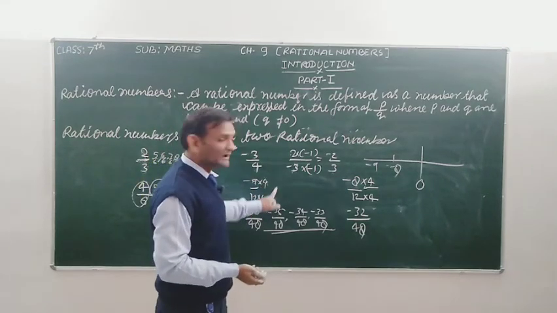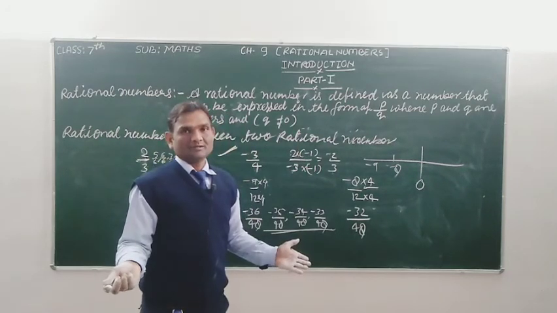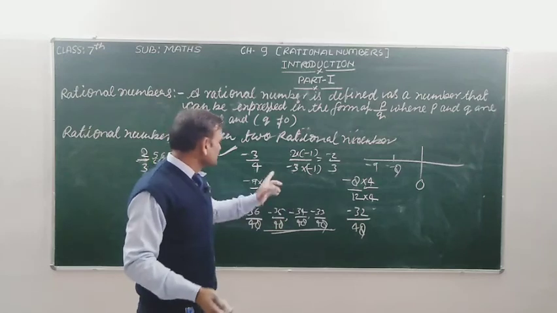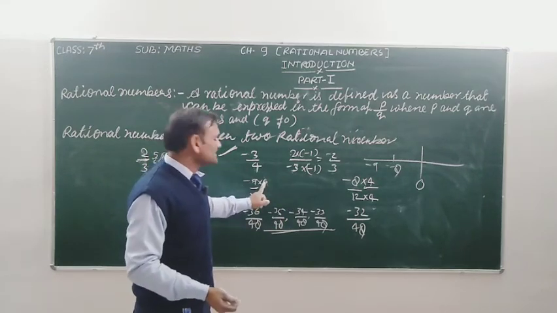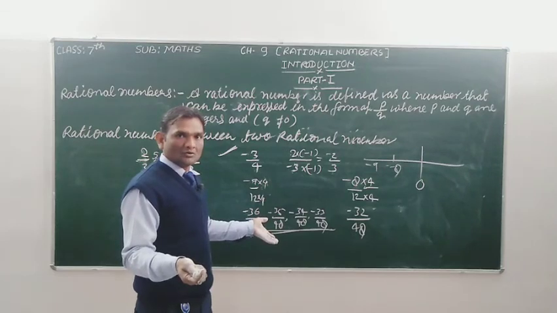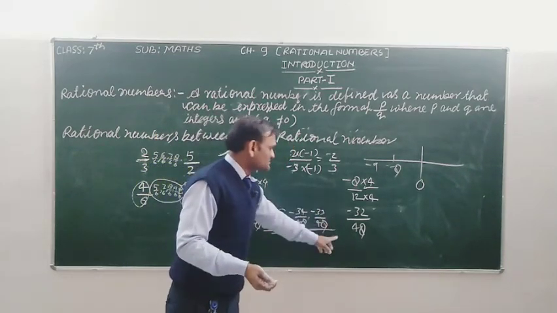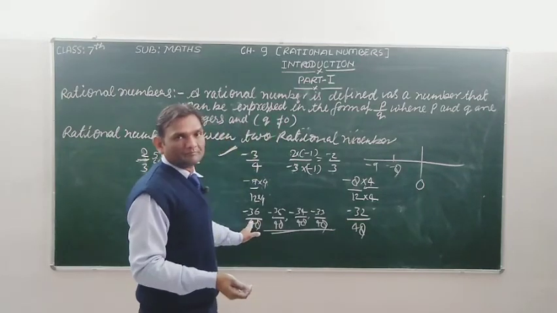You have to multiply by the same number. I am taking 4 here, you can take 6, 7, 8, 9, any number. So you can find many rational numbers between the two rational numbers.